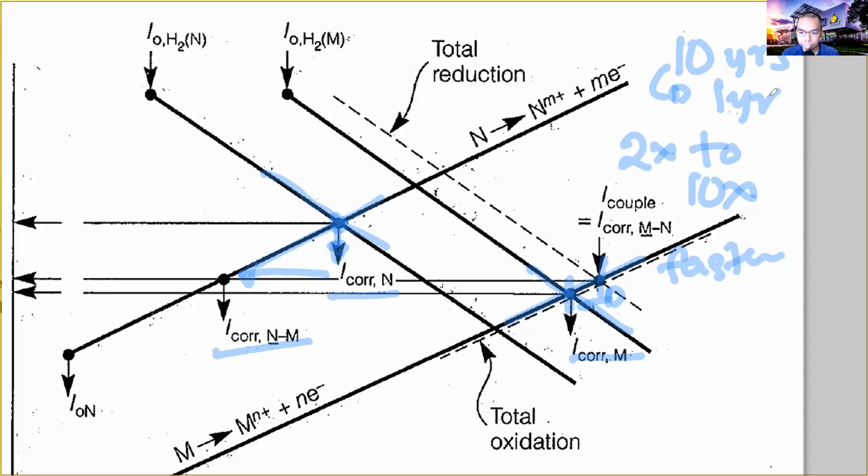Then to get the individual corrosion current, hanapin natin yung intersection ng potential with the anodic polarization curve to get the current. Okay. So hinahanap natin yung value ni current for both anodic polarization curves at the potential E corrosion. Parang ganun yung sinasabi mo, di ba? Okay. So tama yun? Okay.